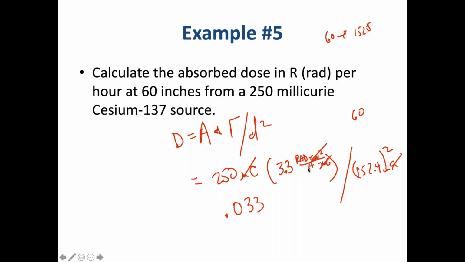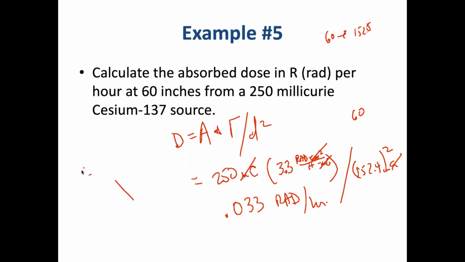This constant is in rads per hour, so we're just left with rads per hour. So it's 0.033 rads per hour. We all in agreement on that? And on the units?